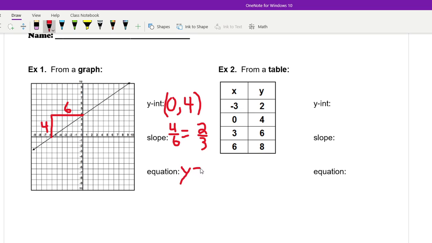We'll have y equals our slope, which in this case was 2 over 3, multiplied to x. Our slope is always multiplied to x. And then we will add our y-intercept value. So since our value is a positive 4, we add 4.